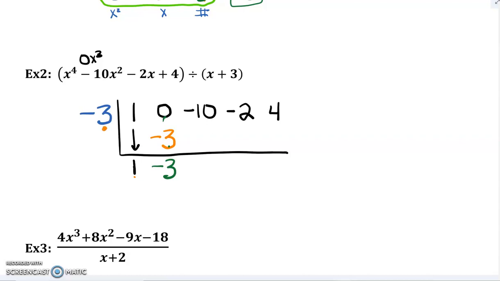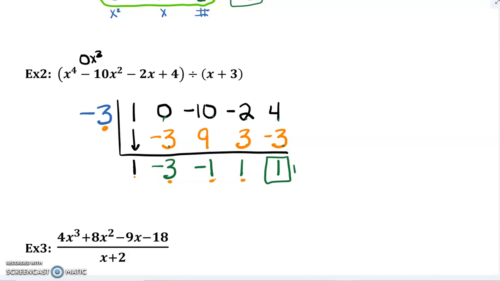Multiply. Negative 3 times negative 3 is positive 9. Add them. Negative 10 plus 9 is negative 1. Multiply. Negative 3 times negative 1 is positive 3. Add, negative 2 plus 3 is 1. Multiply negative 3 times 1 and add, we get 1.